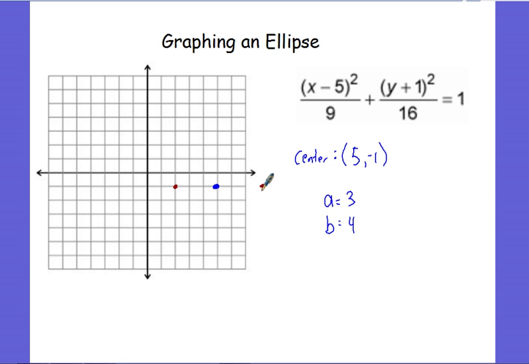I'm out of room on mine, but you shouldn't be. You should be okay. And then I know my B is 1, 2, 3, 4, and 1, 2, 3, 4. So what kind of ellipse is this? It's a, wow, that's really bad.